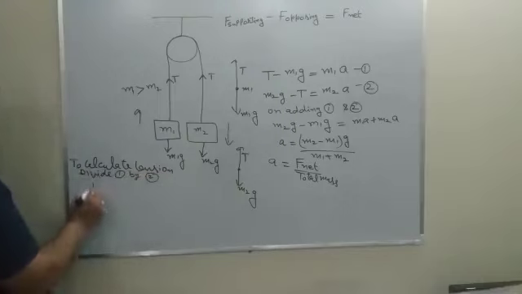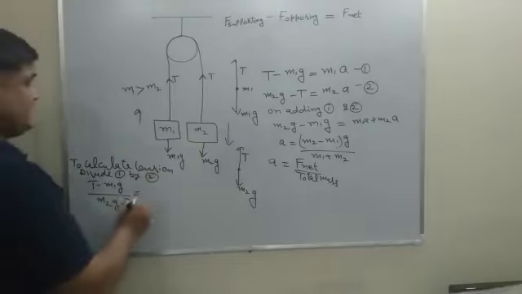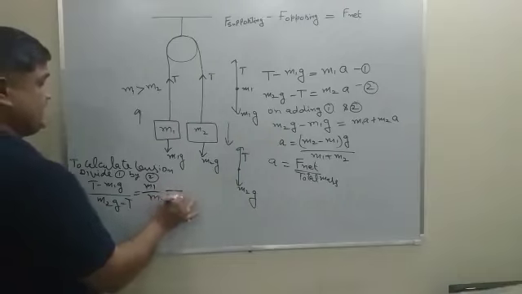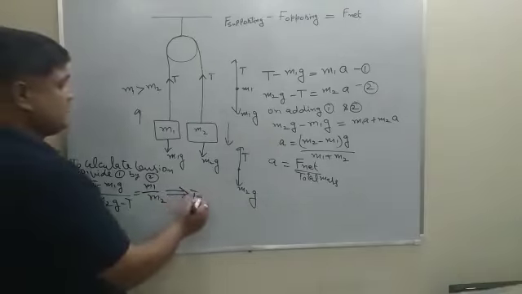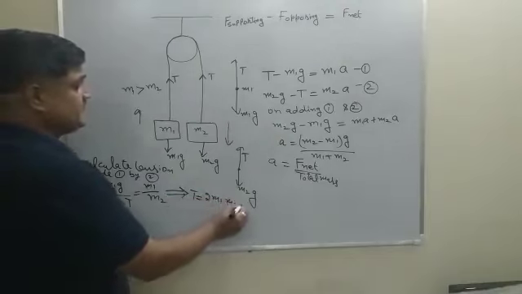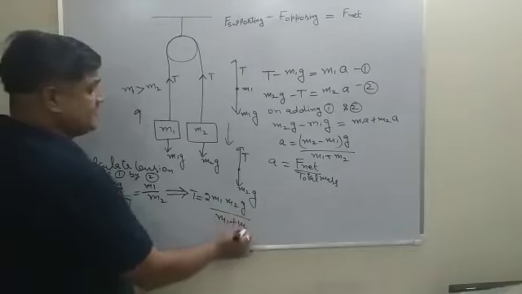You get (T minus M1G) over (M2G minus T) is equal to M1 by M2, which gives you T is equal to 2M1M2G over (M1 plus M2).